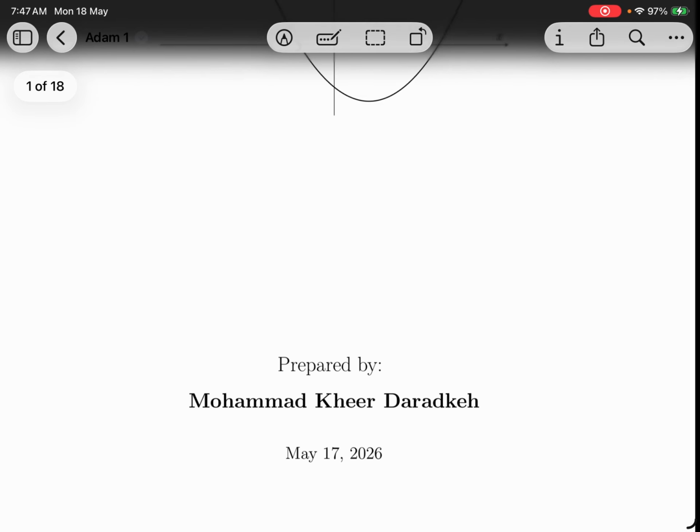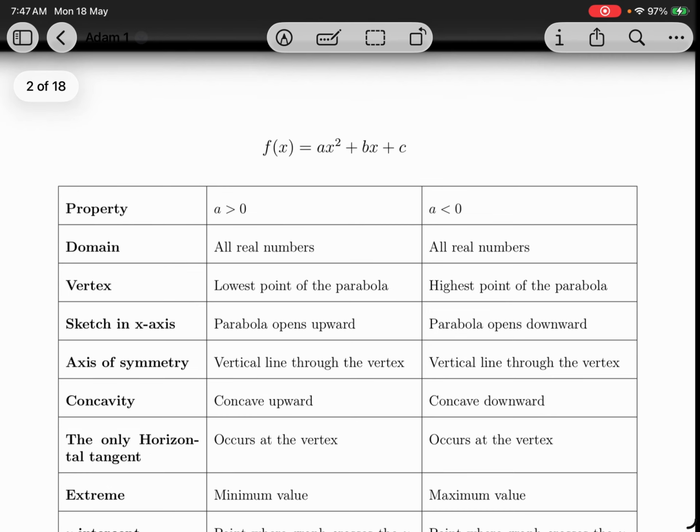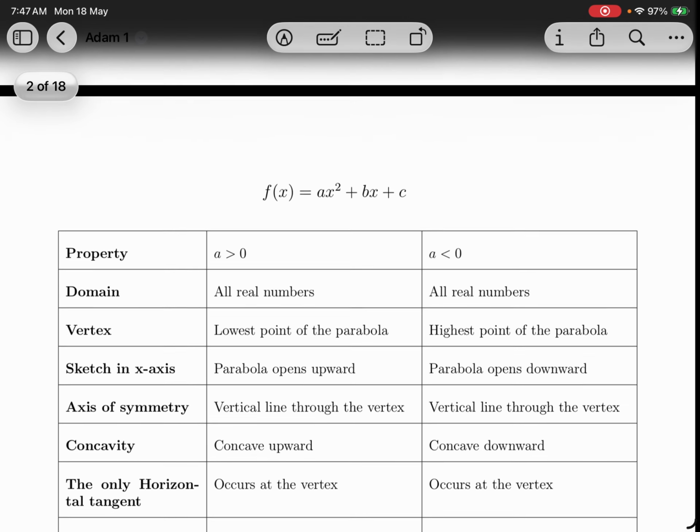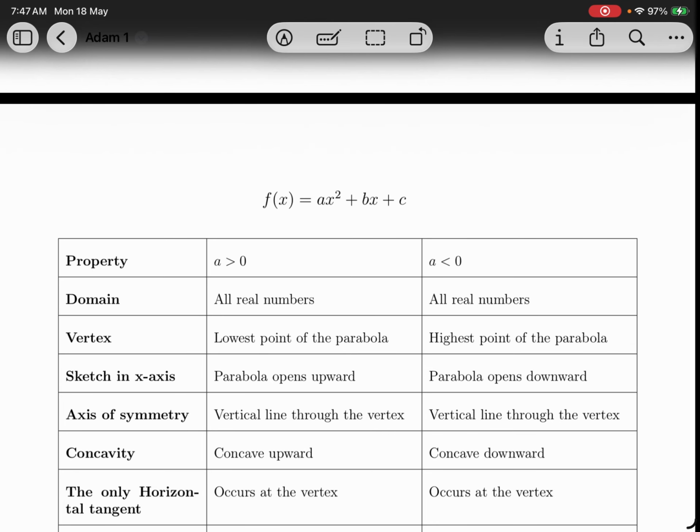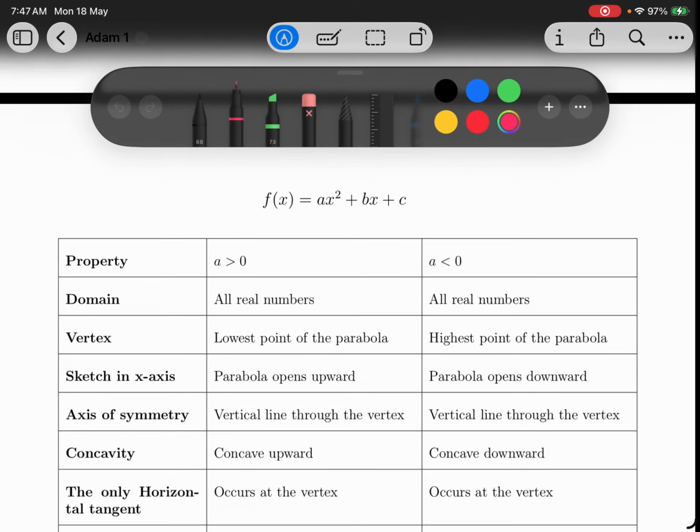Here we have this long list containing some properties of this quadratic function, and I want to highlight that this quadratic function is in standard form. It means it's written from the highest power, which is power 2, then comes the linear part, which is x to the power 1, and at the tail we have the constant term.